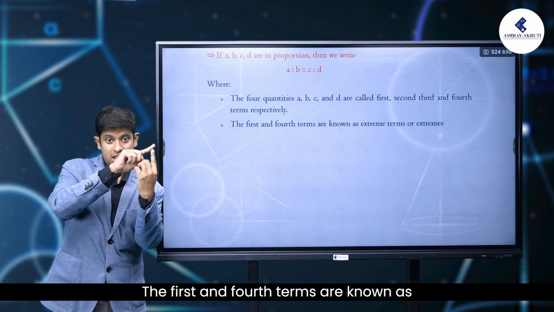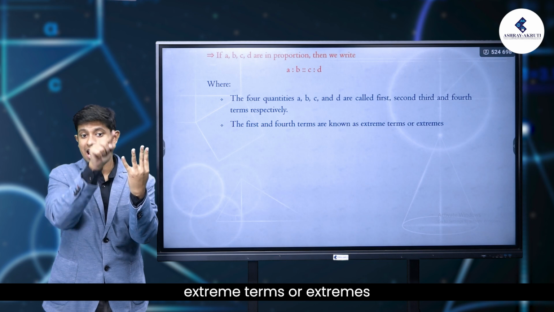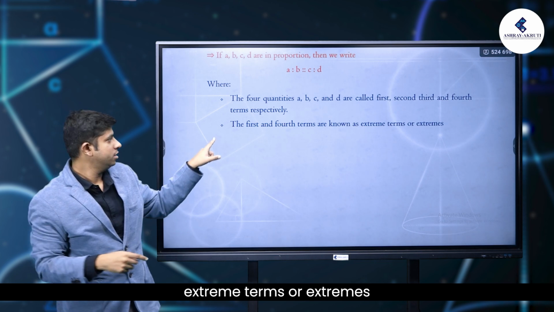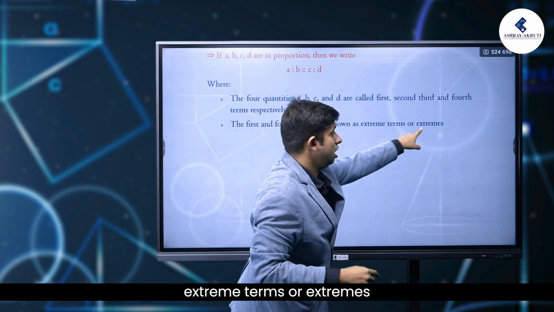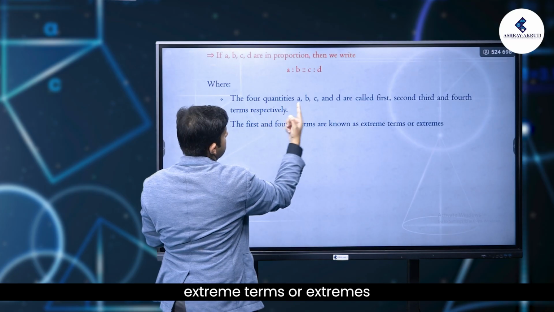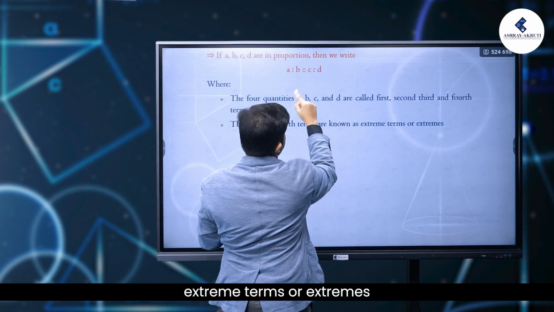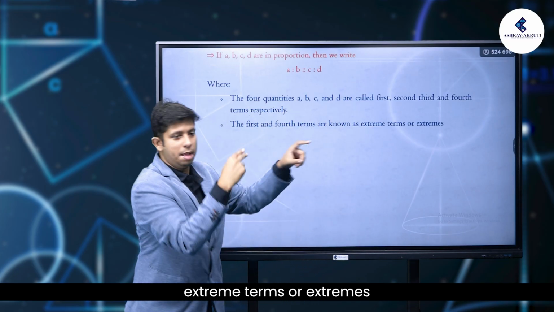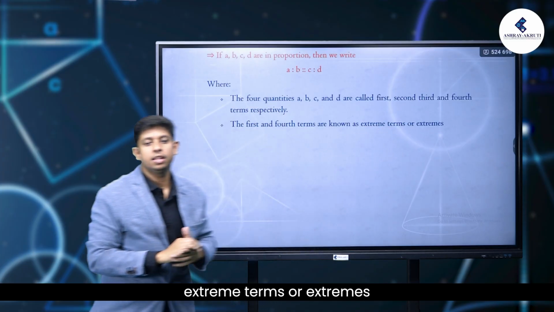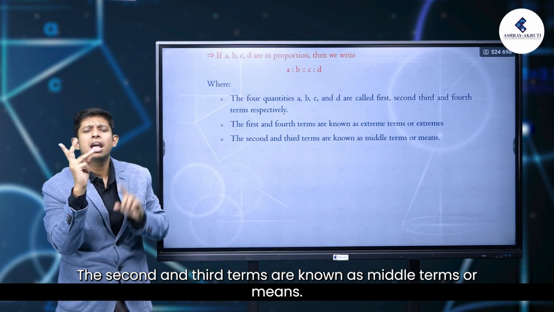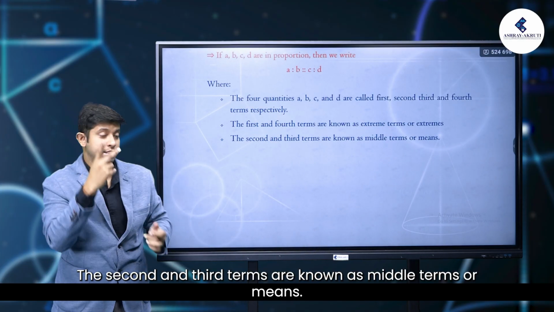The first and fourth terms are known as extreme terms or extremes. The second and third terms are known as middle terms or means.